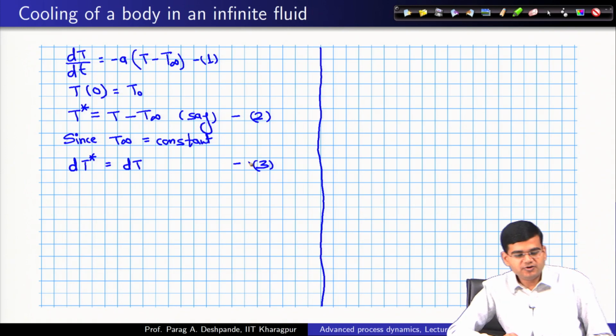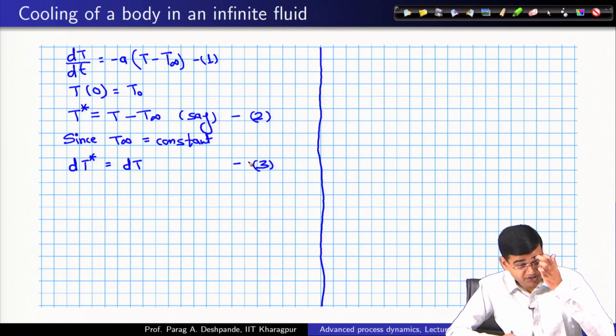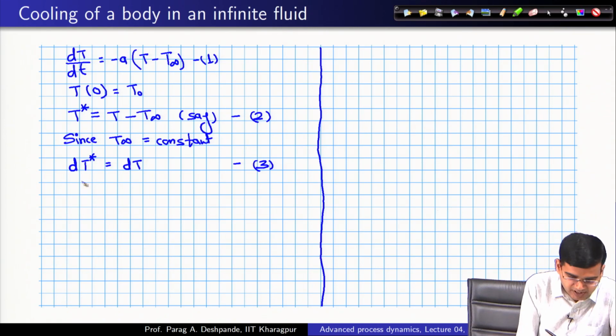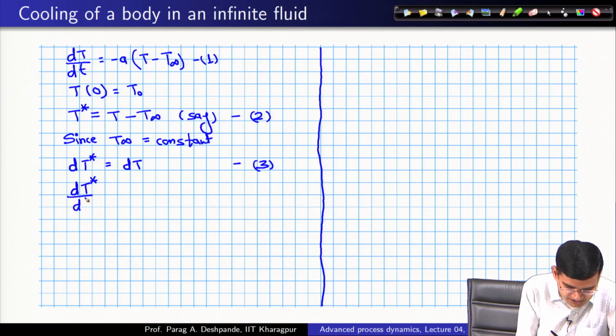Okay. So, from equations 2 and 3 and substituting them in equation 1, what I get is dT star by dt is equal to minus A T star.